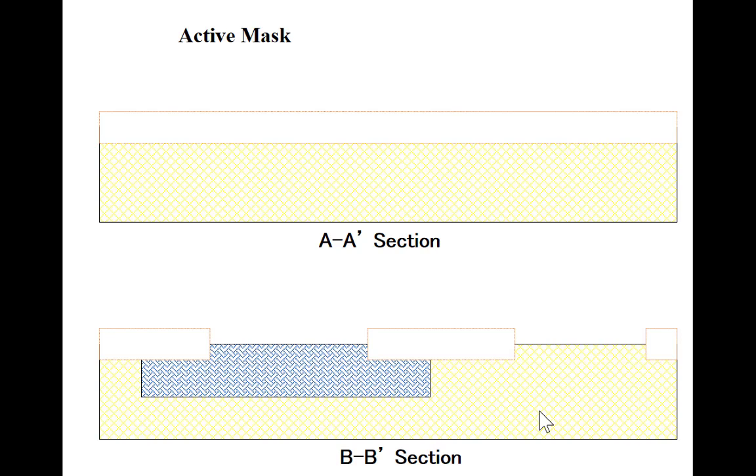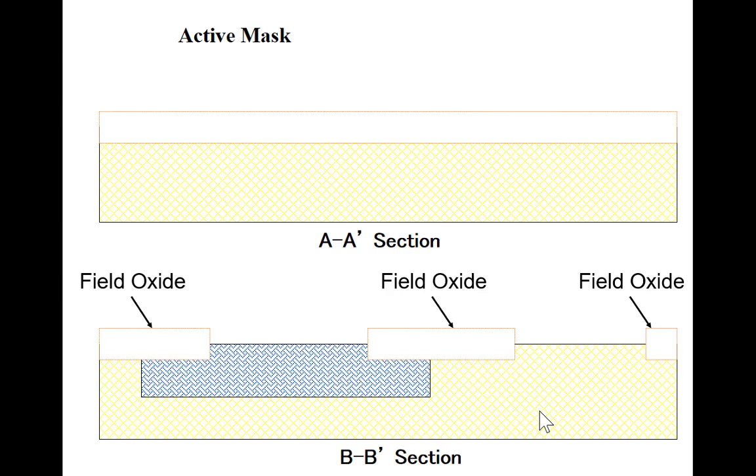If you look at a cross section, the active mask is going to create an opening in this region here and this region here. We grow field oxide in the complement of the active region. So there's field oxide on top here and field oxide on top here. And all the way across here, there's field oxide on top.